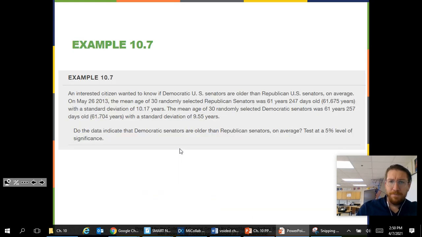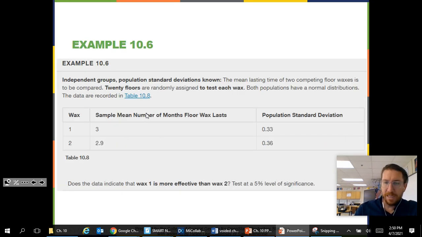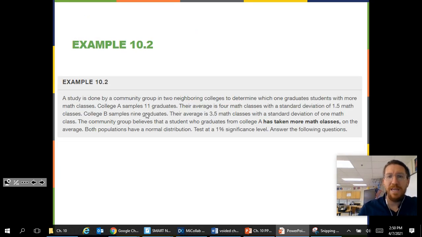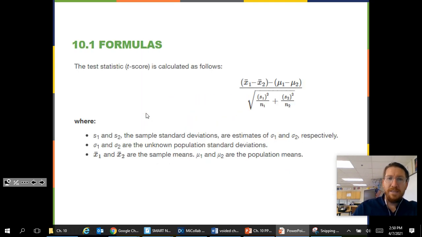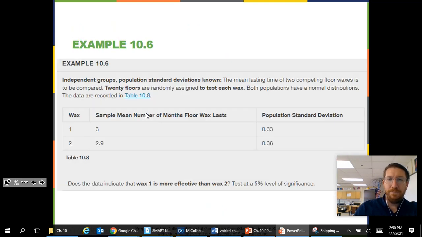And for this problem, they don't tell us we have the population standard deviation. They say we just take the 30 and we calculate the average and we calculate the standard deviation. So for that, we don't have the population standard deviation. We have the sample standard deviation. So that's going back to our 10.1.